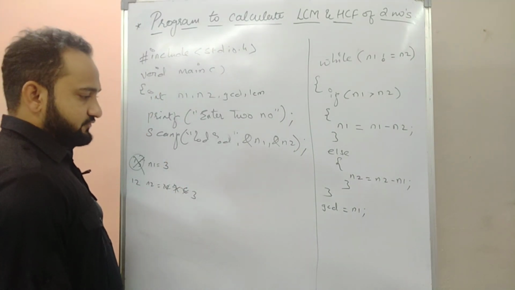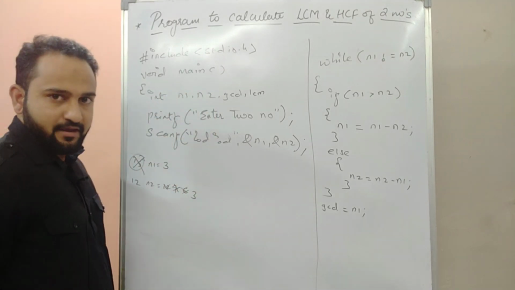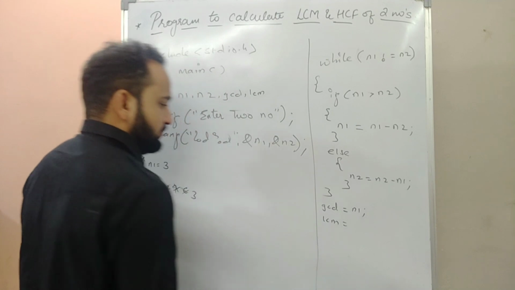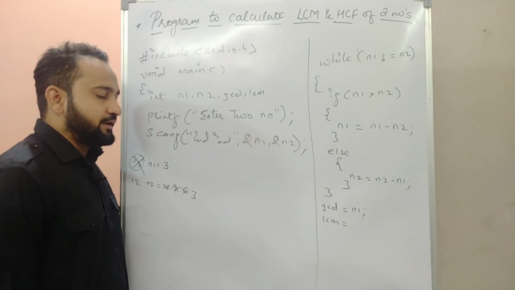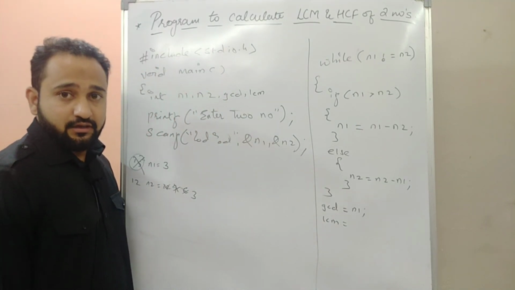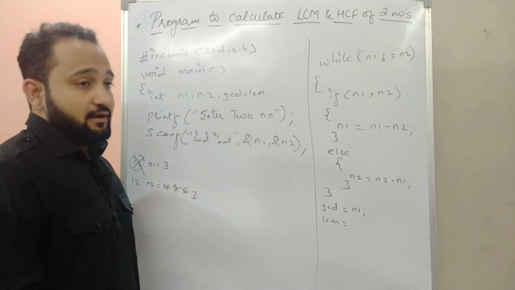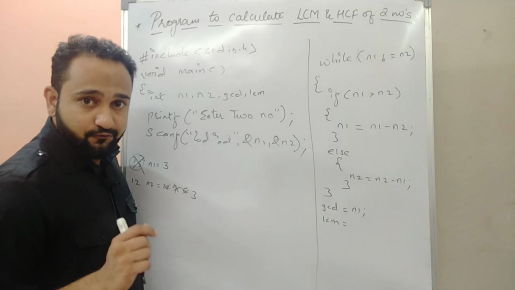Okay. After this, what we have to do? Calculate LCM. What's the value of LCM? Tell me. LCM will be equal to, should I write n1 into n2 divided by GCD? No. Let it be very clear. We have done it a lot of times. Please be careful.